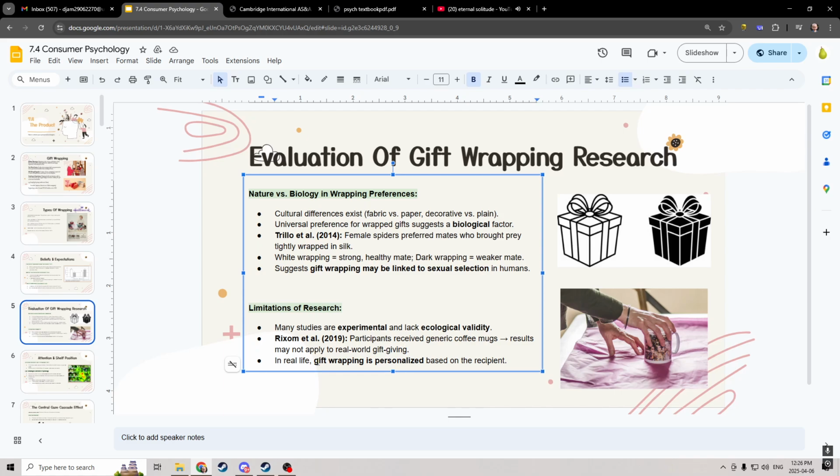In real life, gift wrapping is personalized based on the recipient, and you're getting it from somebody you know, and that's hard to replicate in research. So those are the limitations. But one strength is that there's links to the biological idea of gift wrapping being linked to sexual selection in humans because of spiders and stuff. Crazy.